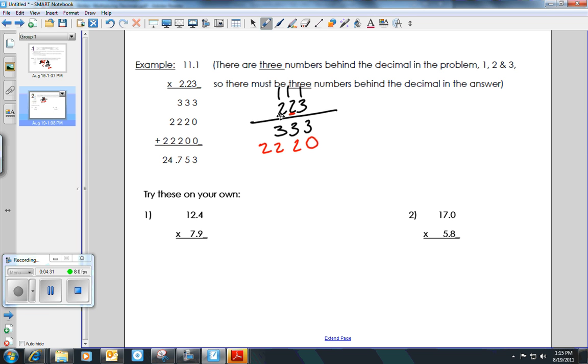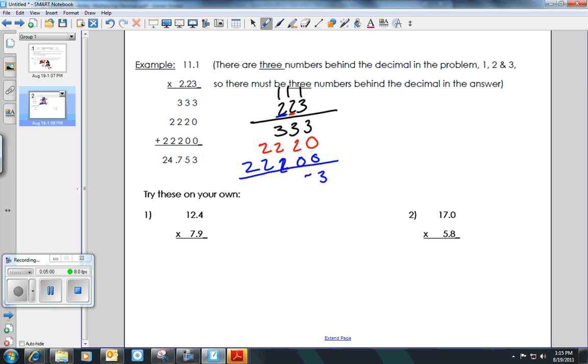And then when I multiply with the next 2, it's going to start down here. 2, 2, and 2. I'm going to have 2 zeros to hold my place there. I know some of you didn't multiply all the way out that far in elementary school, and so just to remind you, your numbers have to start being written underneath the one you're using to multiply with.